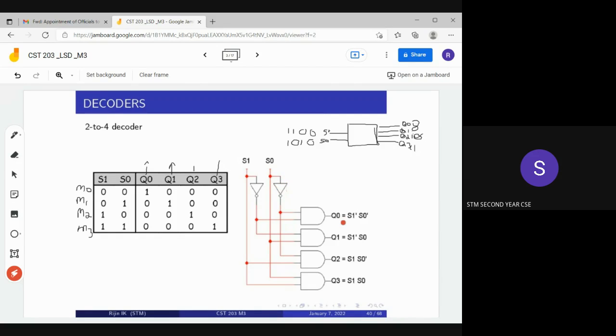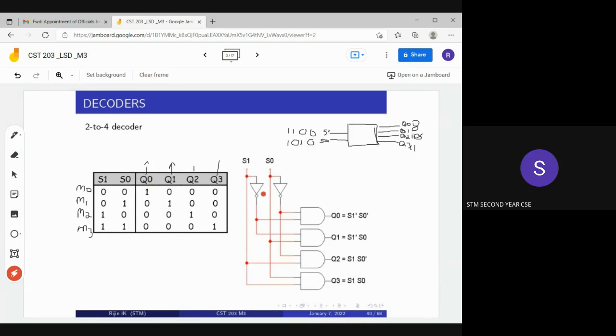Then what comes here for Q0? Q0 means both S1 and S0 are 0. Then only Q0 will become 1. If both S1 and S0 are 0, then Q0 will be active.